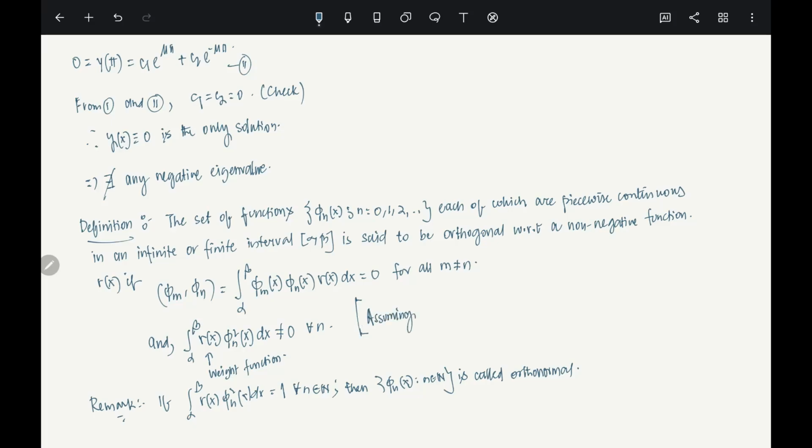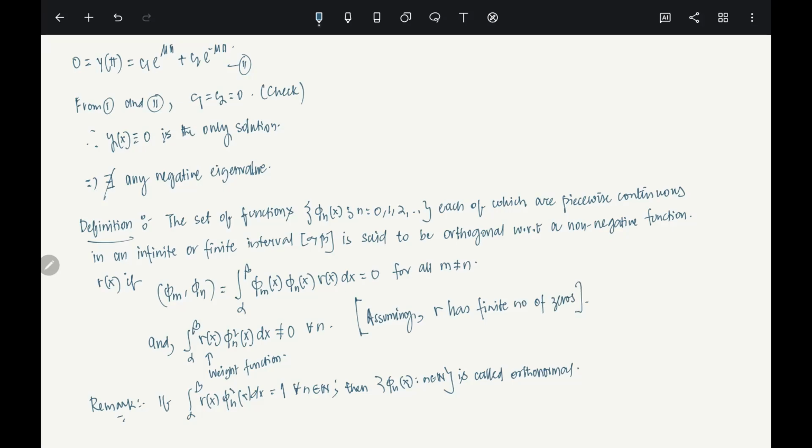If you remember, maybe we have assumed R is a non-negative function, but we did not assume that here. So, assuming R has a finite number of zeros. Is it okay?